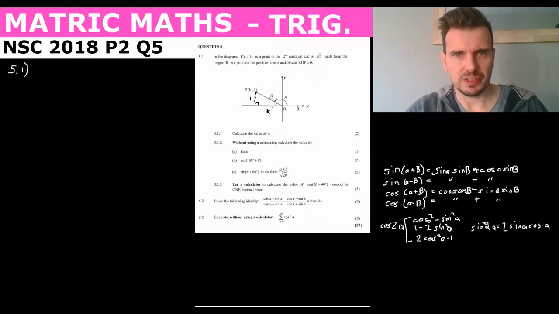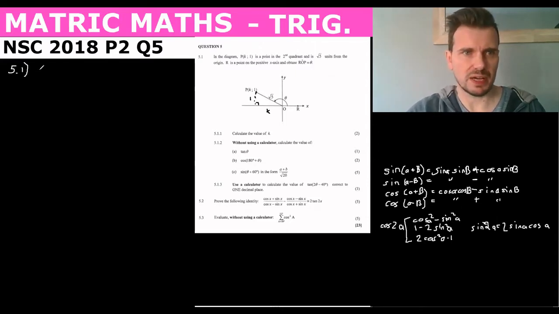So then we know that k squared, because of Pythag, is going to be equal to root 5 squared minus 1 squared.